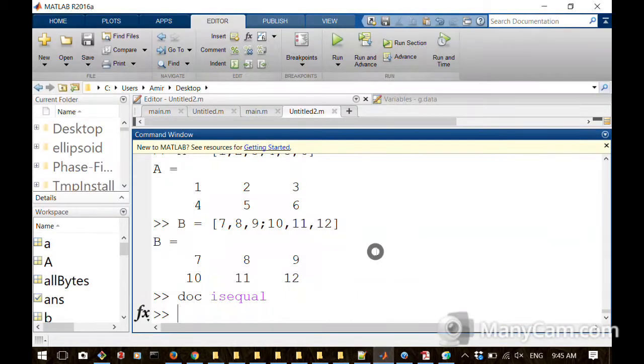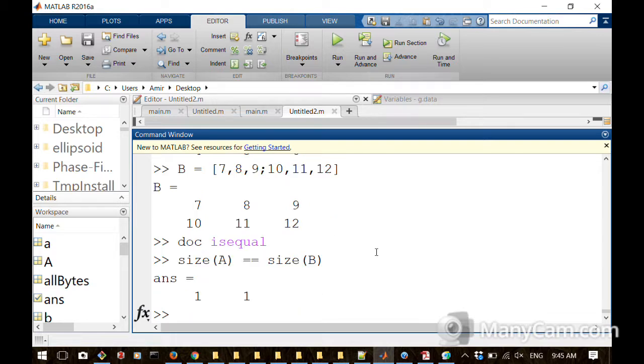So let's say size A equals size B. You get 1, 1. Okay, so that works.